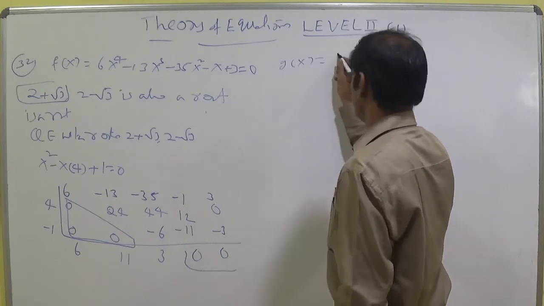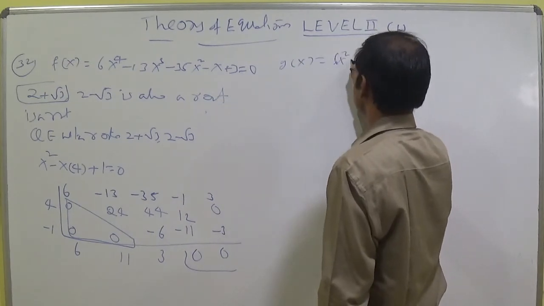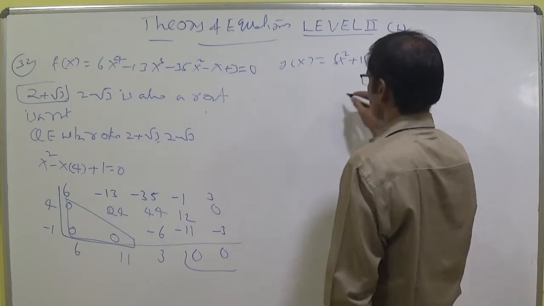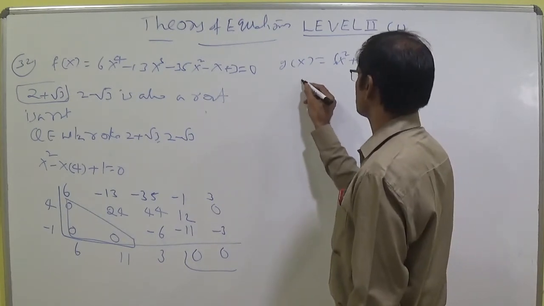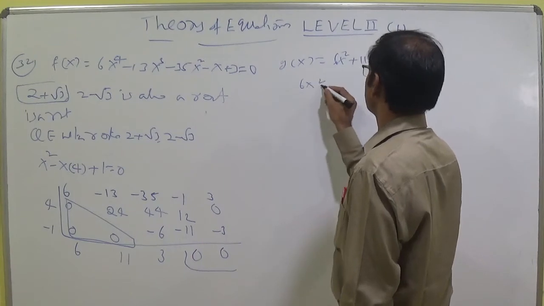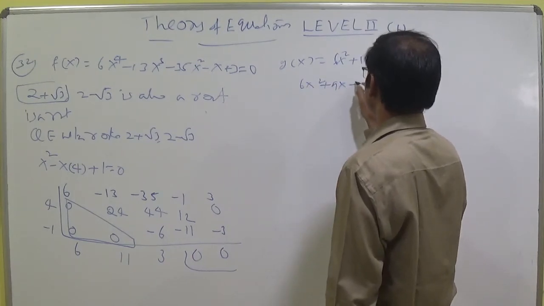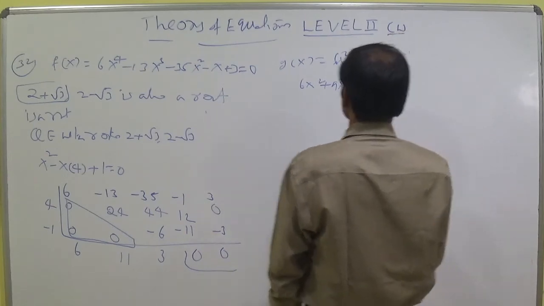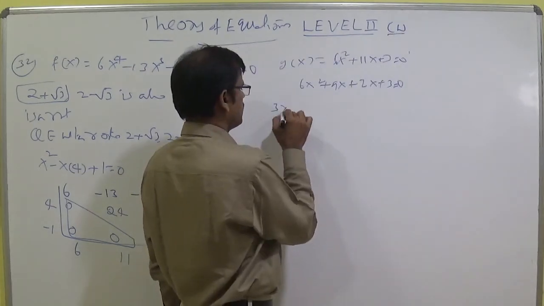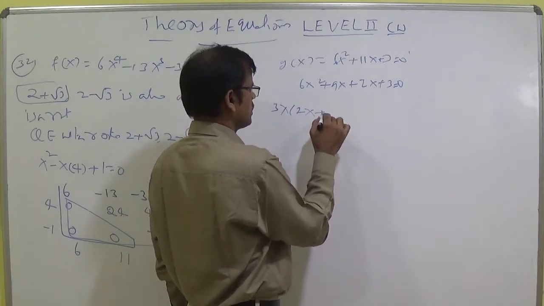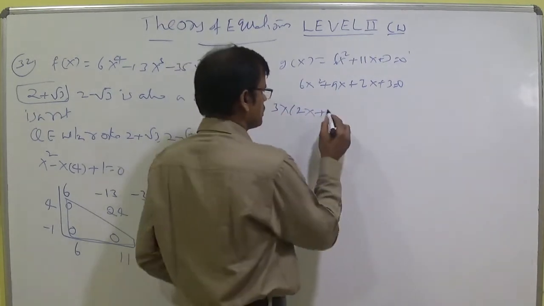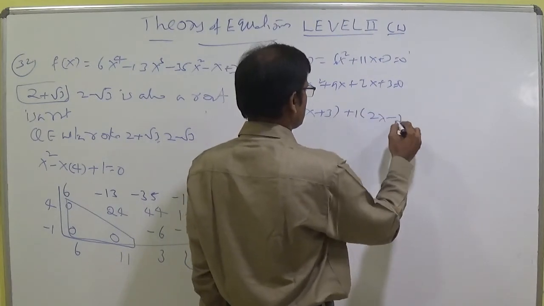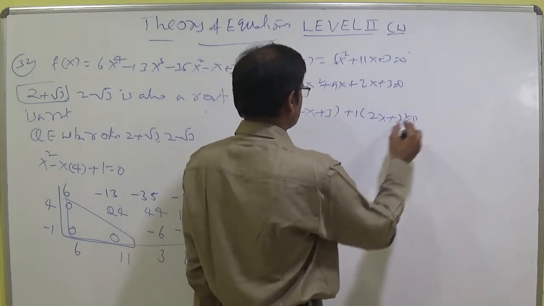G of x we got as 6x square plus 11x plus 3 equal to 0. You can understand 6x square plus 9x plus 2x plus 3 equal to 0. By splitting the middle term, you can write 3x taken common, it is 2x plus 3, plus 1 taken common, it is 2x plus 3 equal to 0.